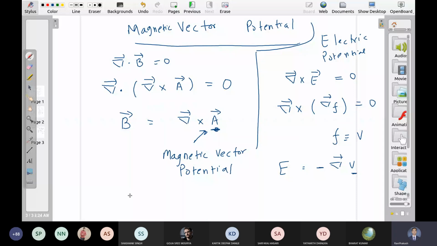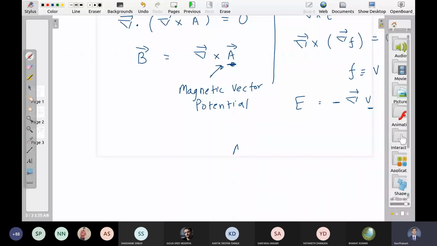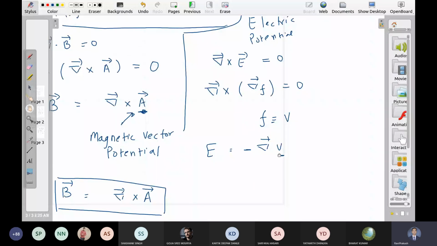So A is magnetic vector potential, and how do we calculate B from it? By obviously this formula. So if you know potential for magnetic field, which is A, just take the curl of it and you get magnetic field. Okay. Similar to the way in electric, if you know the potential, take the gradient and you will know the electric field.